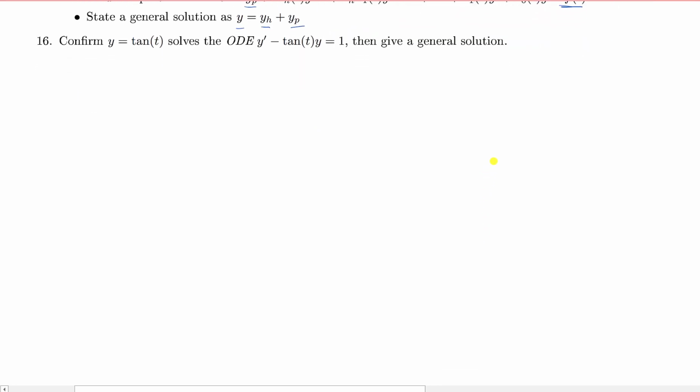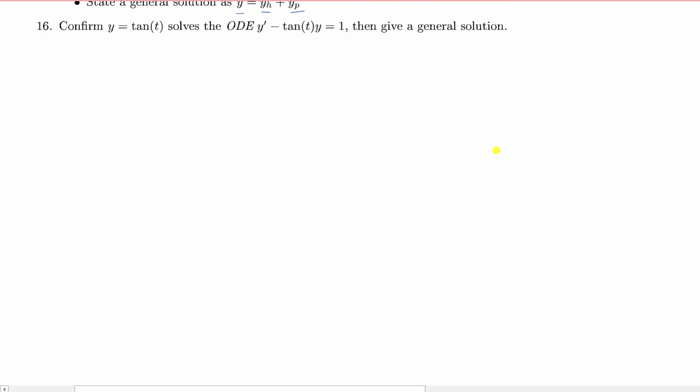All right, so here's an example that hopefully will clarify this. So let's first confirm that y of t equals the tangent of t is a particular solution to this ODE. So show y of p equal to the tangent of t solves the ODE.